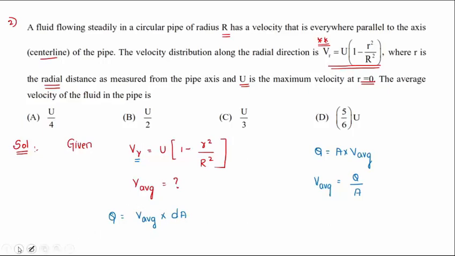When I integrate it, what will I get? Q is equal to the integral of Vr dA. What is the value of Vr given, and from where to where do you integrate it? When you take a pipe in the transverse direction, the radius will be R, and initially it will be 0.